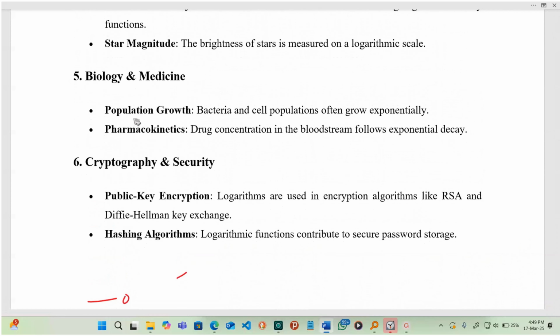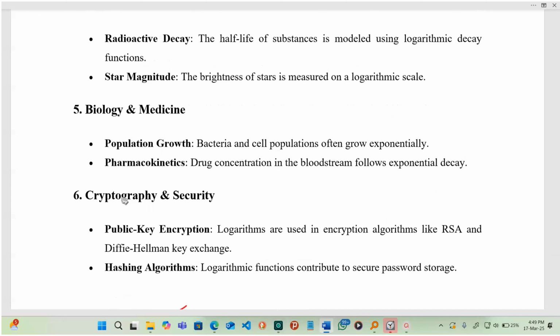Then in cybersecurity, where you talk about cryptography and security of computer systems, you find that in public key encryption, logarithms are used in encryption algorithms like the RSA and Diffie-Hellman key exchange. Then hashing algorithms, you find that the logarithmic functions contribute to secure password storage.